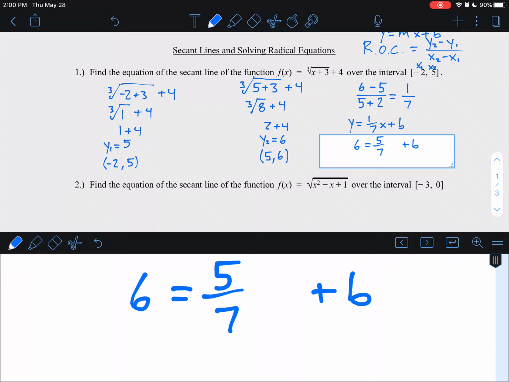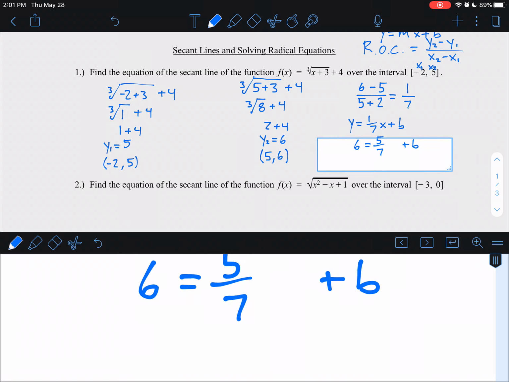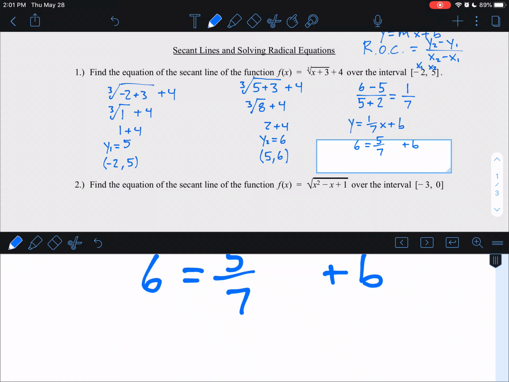It's just 6 equals 5/7 plus b. And I subtract 5/7 from 6. I'm going to do that on my calculator. So I do 6 minus 5/7, which is 5.29, but I'm just going to do math, enter, enter, and I get b as a fraction.